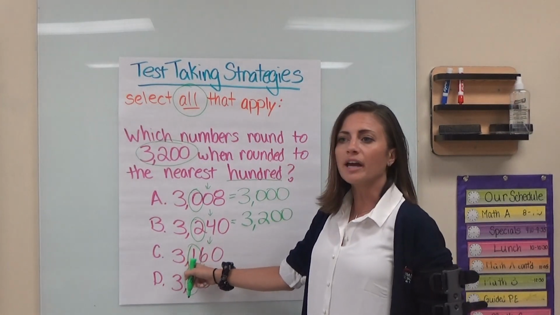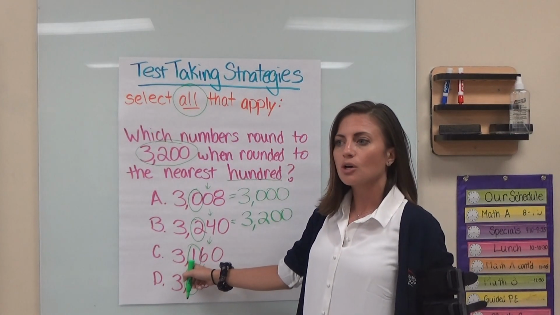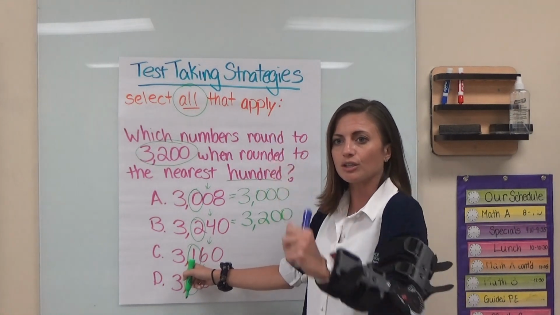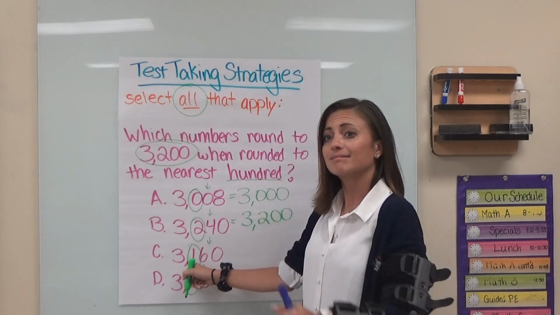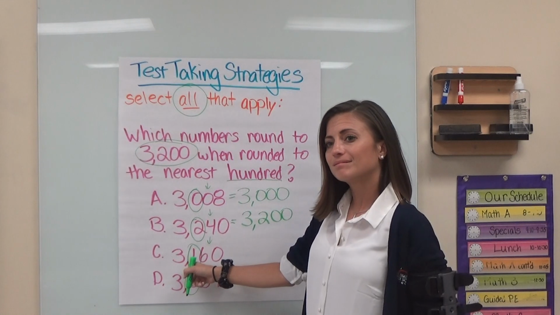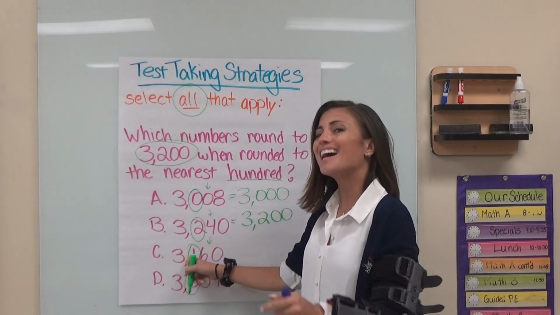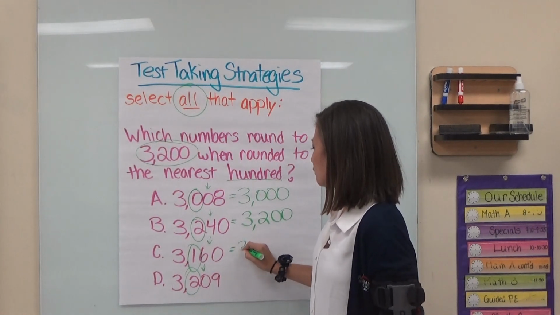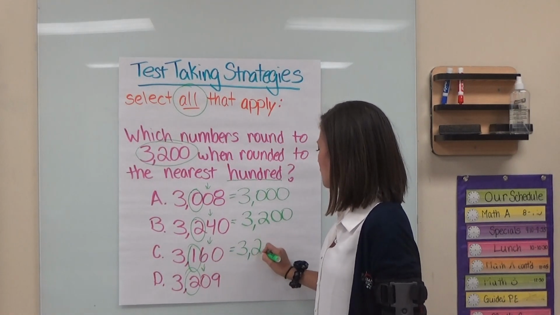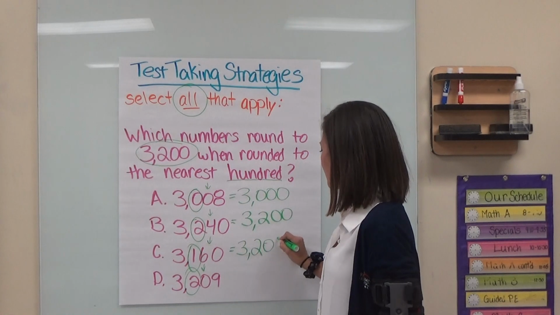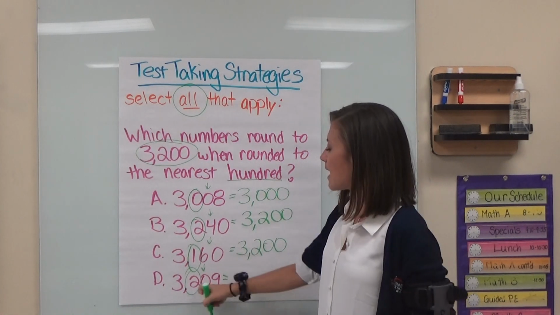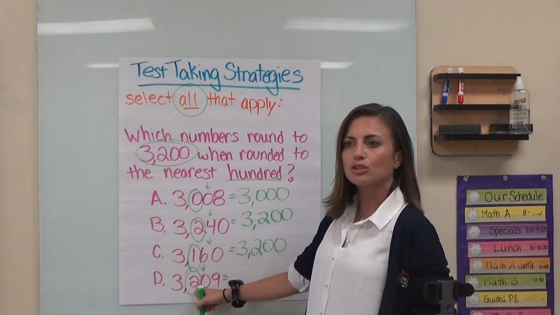That means my 1 is going to turn into what? What is my 1 turning into? Well, if this 6 is telling me to raise the score, it's going to be a 2. Very good. So the 3 stays the same, the 1 is now a 2, and everything after it is a 0. Our last step is to round our final answer choice.